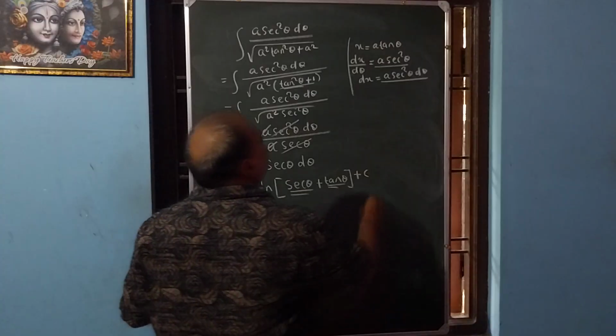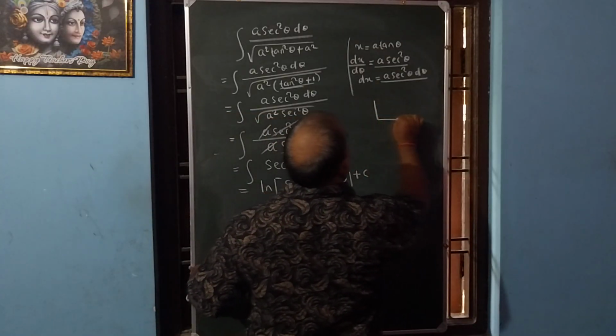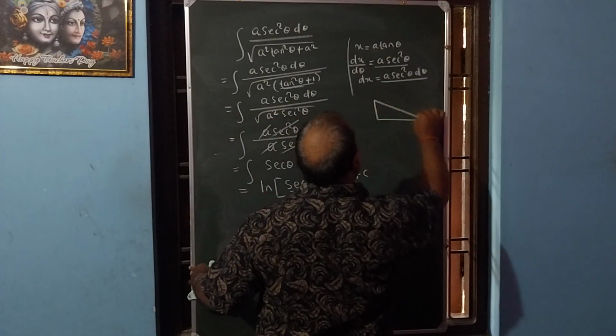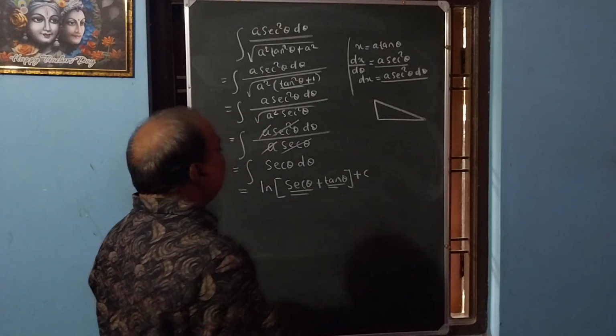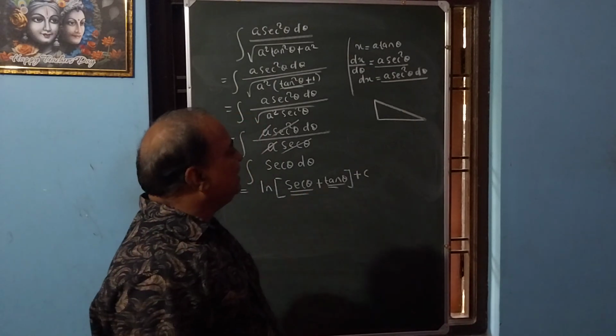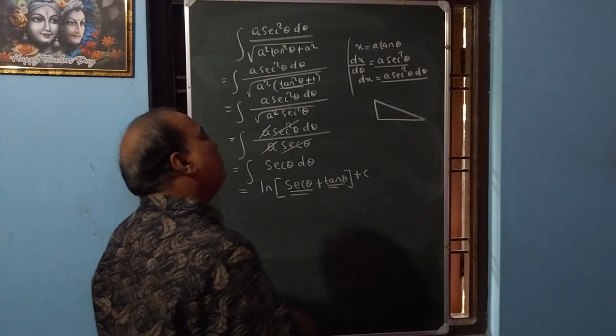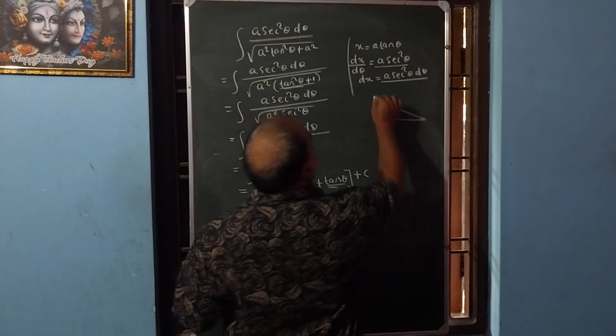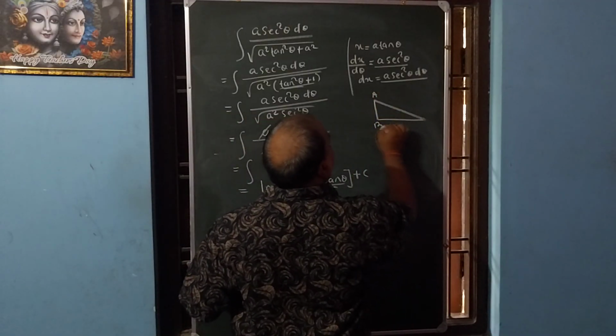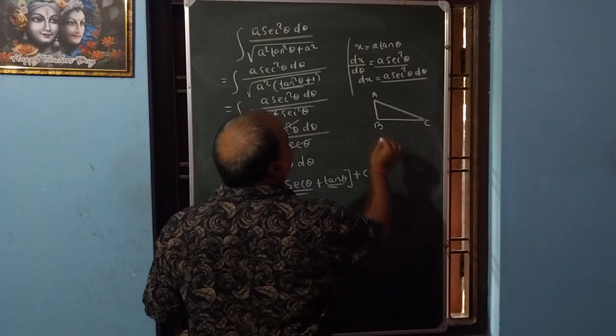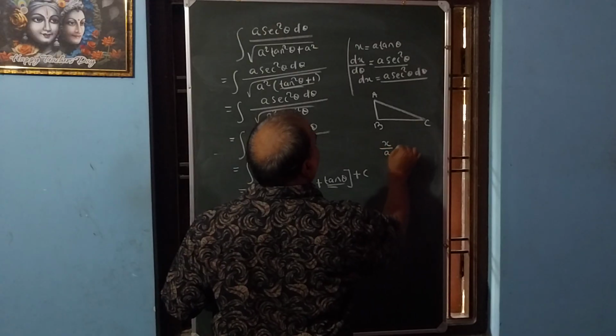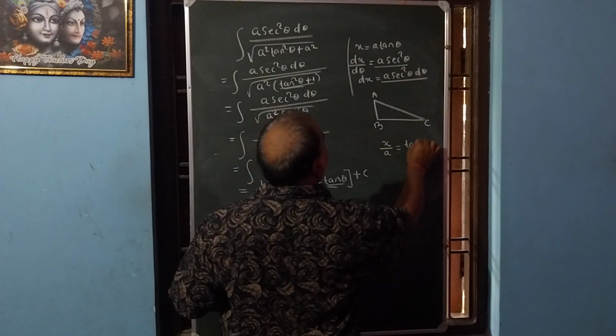So we take one right angle triangle here. For this, how can you find out the value of sec theta and tan theta? You have to take one right angle triangle, with sides A, B, C. So x by a is equal to tan theta.